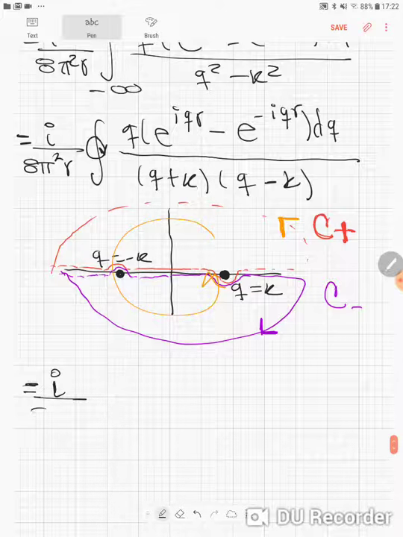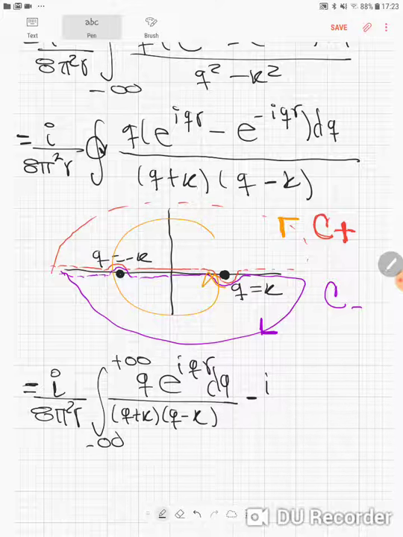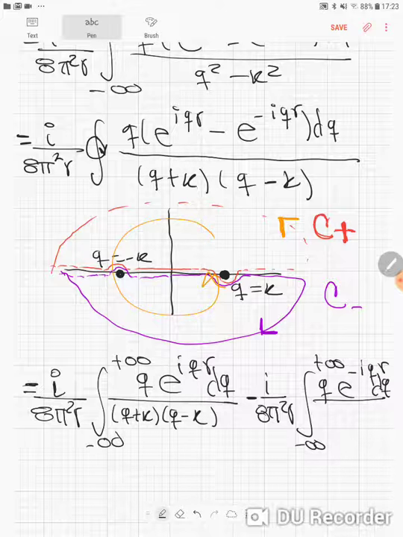So that's good. So then 8 pi square r, integral from minus infinity to plus infinity of q e to the iqr divided by q plus k times q minus k, minus i divided by 8 pi square r integral from minus infinity to plus infinity of q e to the minus iqr dq divided by q plus k q minus k.